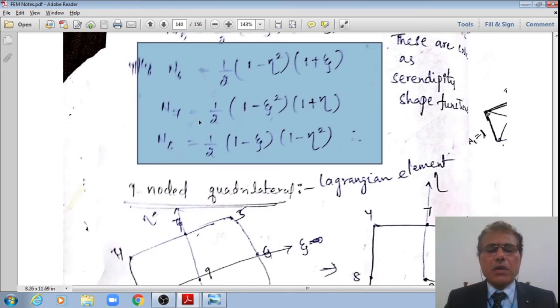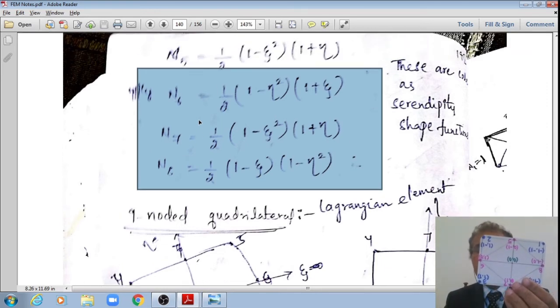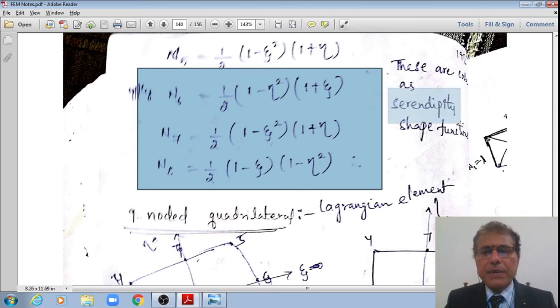Students, this is how the shape functions of the 8 noded quadrilateral element are obtained. This element is sometimes called a serendipity element. This belongs to the serendipity family. Therefore this is a serendipity element, right?